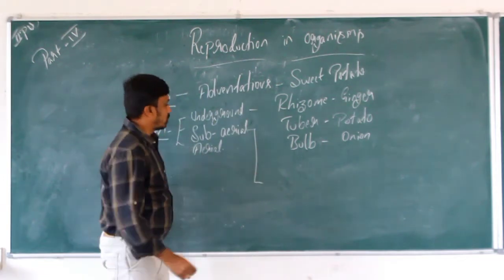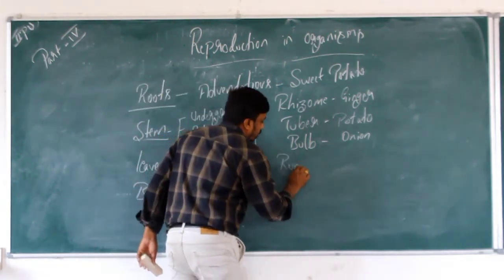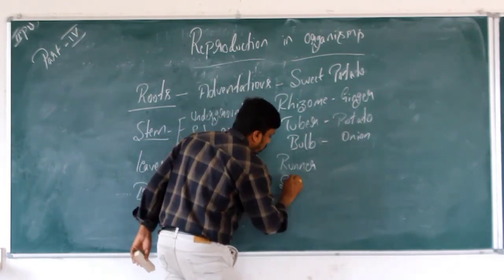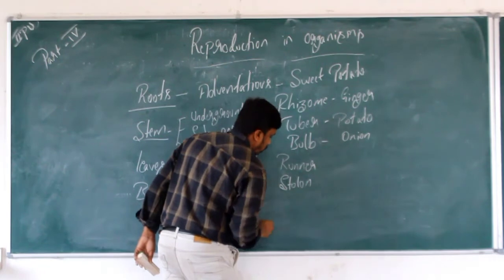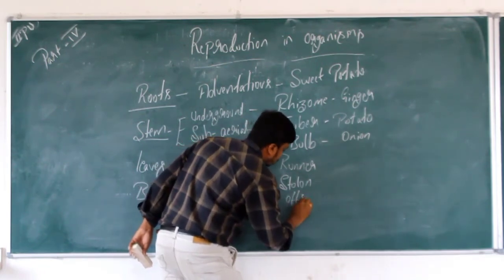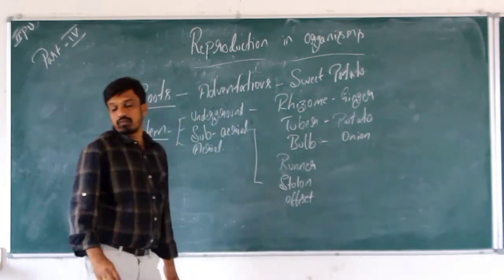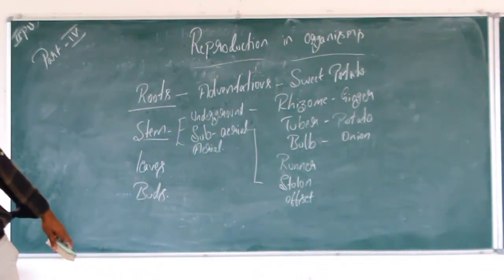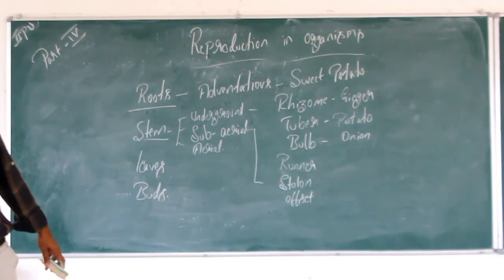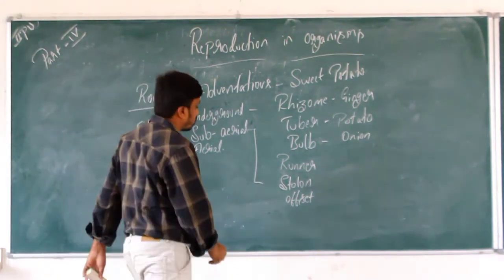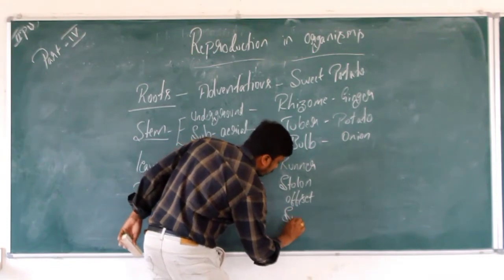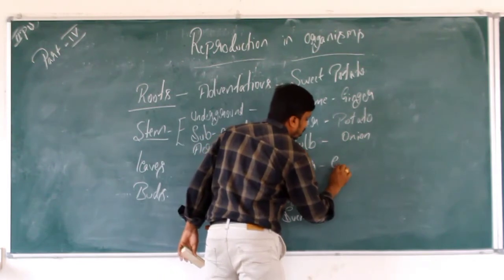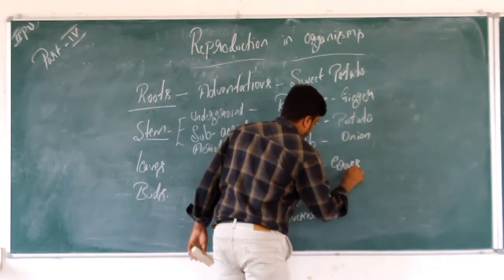Subaerial modification: runner. Next, stolon, offset, sucker. Runner, example grass.